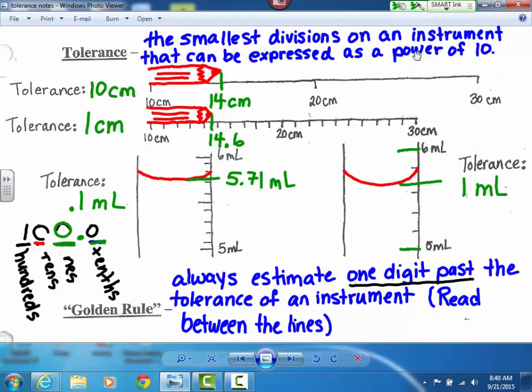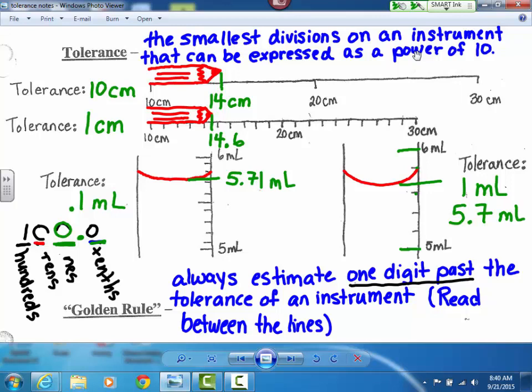Okay, so look at our measurement again. 5, 5.2, 5.4, 5.6. Here's 5.8. It's not 5.6 because it's above it. It's not 5.8 because it's below it. 5.7 milliliters.